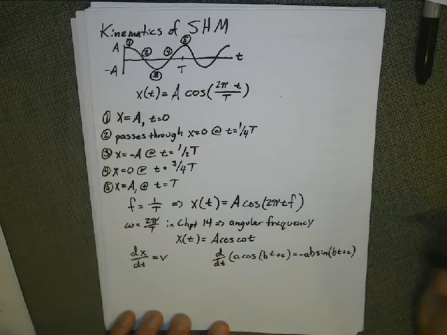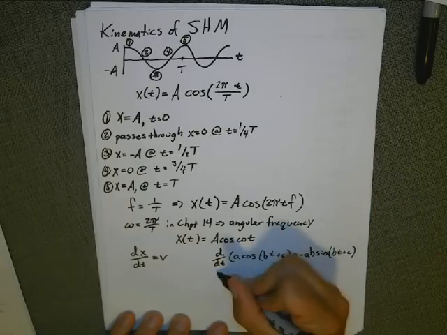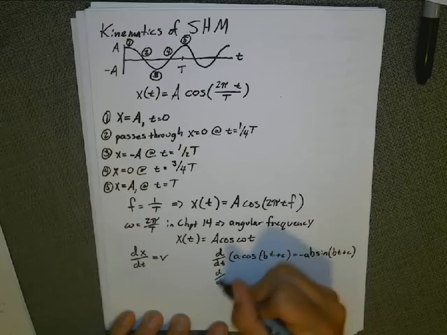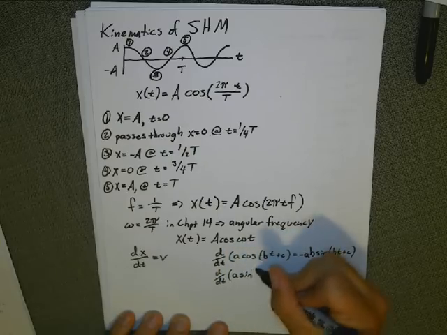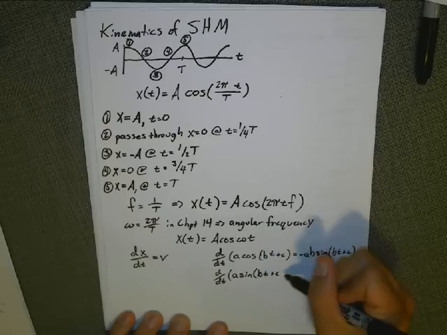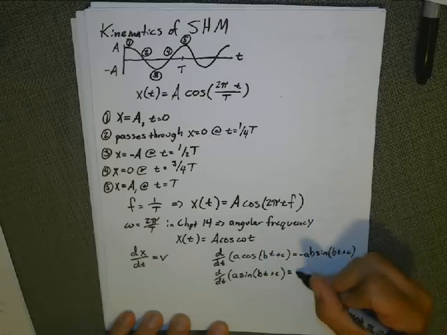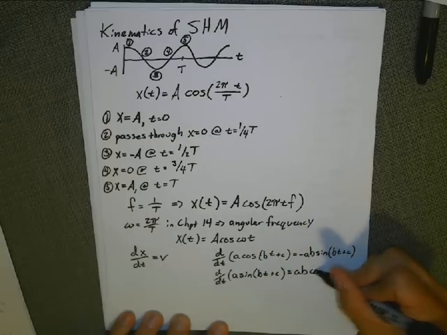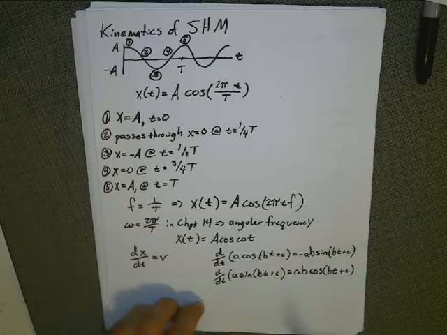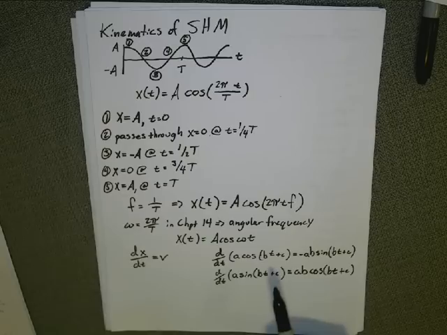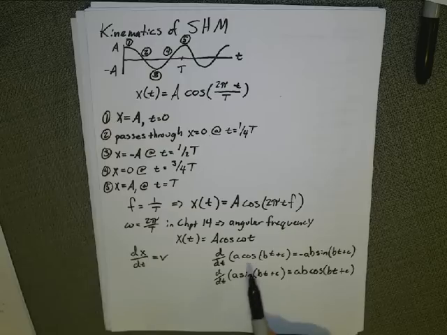I can also do this for sine: the derivative of A sine of (bt plus c) equals AB cosine of (bt plus c). These are general forms that you have to know for sines and cosines. If you take the derivative of the sine, you get a cosine. If you take the derivative of cosine, you get negative sine.